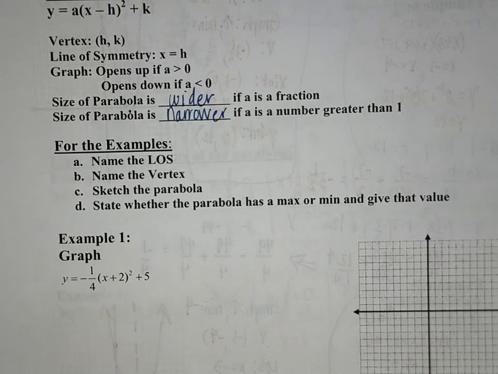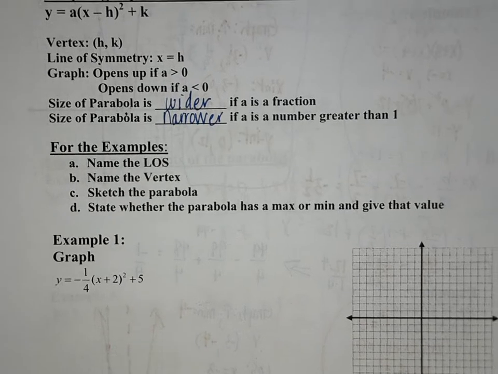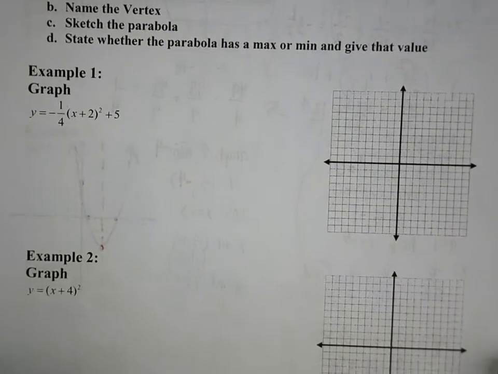Okay, so if it's a fraction, that just means it's going to be wide. And if it's a number that is greater than 1, it's going to get smaller and smaller. Okay? All right, so we're going to do the same type of stuff as we did yesterday when we're graphing.